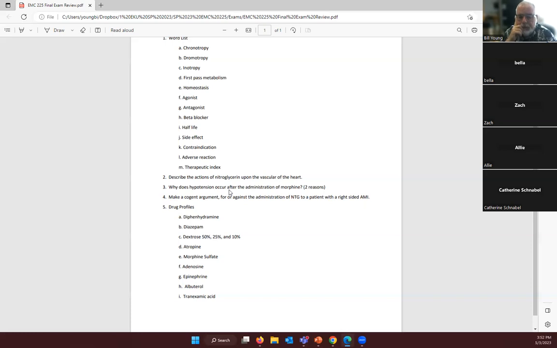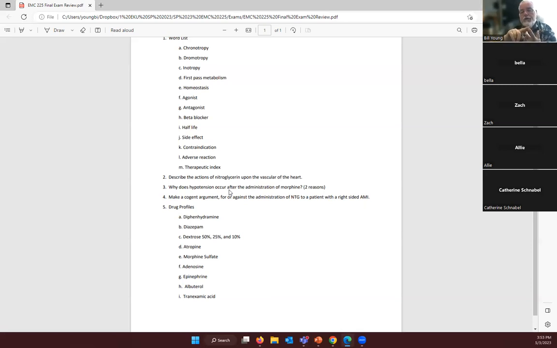And if you're having a heart attack due to increased O2 demand, that will help lessen the effects of it. But it can be a bad thing for the same reason: it's decreasing the workload of the heart, so your heart's not beating as much. So it's going to decrease perfusion. Okay, yeah, and the decreased perfusion comes about as a result of one of the primary side effects of nitro, dropping that blood pressure. So yes, very, very good job on that one, Zach.